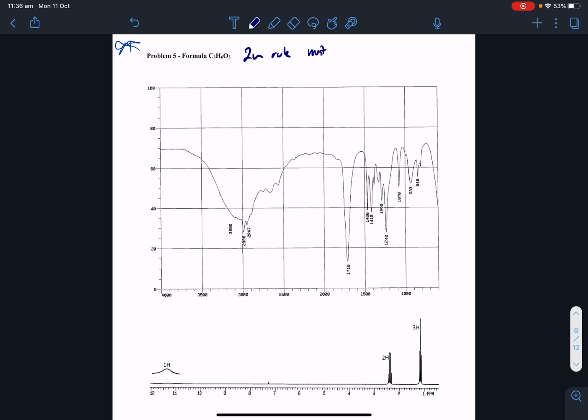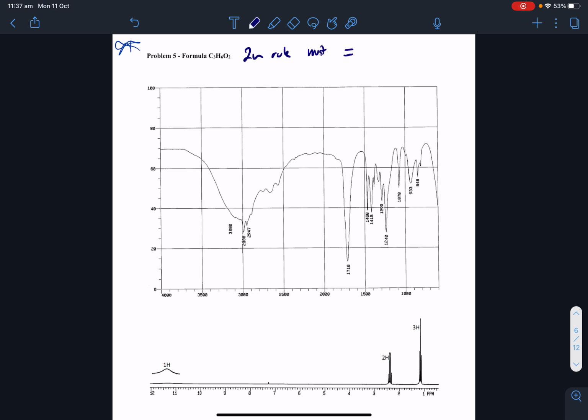Very unlikely, not steric hindrance, ring strain. So let's just presume that we've got a double bond in there. It could be a carbon double bond, but since we've got 2 oxygens, I'm leaning on there's a higher probability that we've got a carbonyl in here, but we can't really tell.